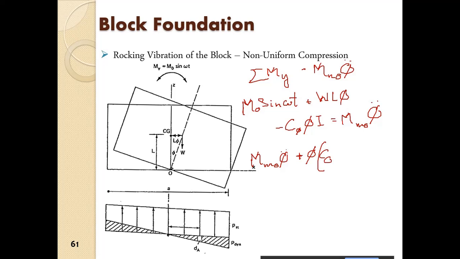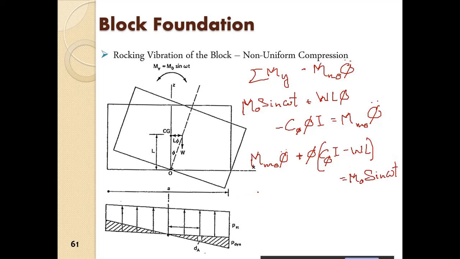So this will be c phi and I, and this is positive now because we are on the other side, minus WL, is equal to M naught sine omega t. I hope you could understand this step.